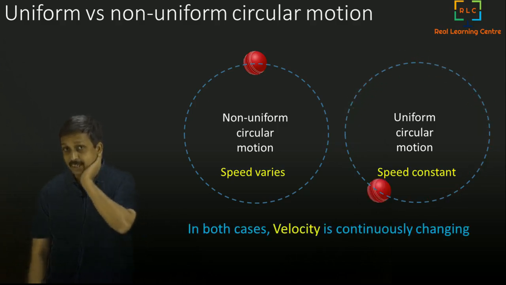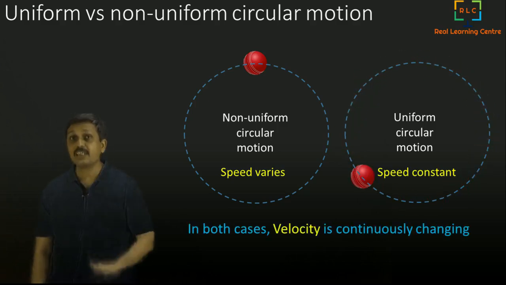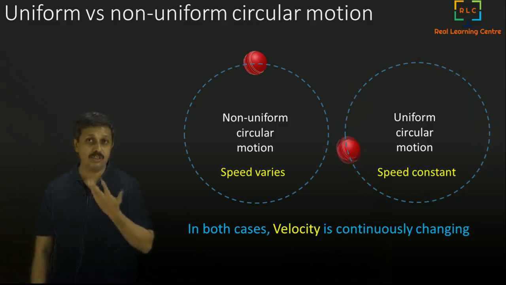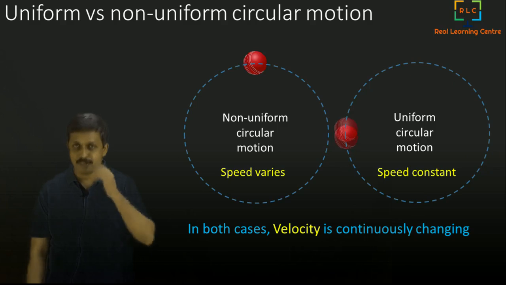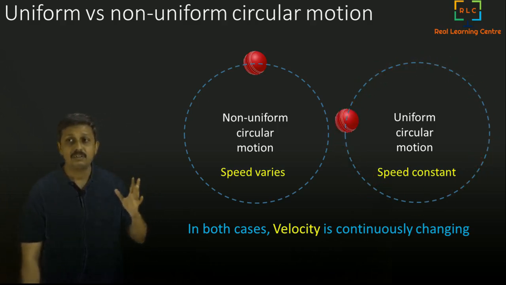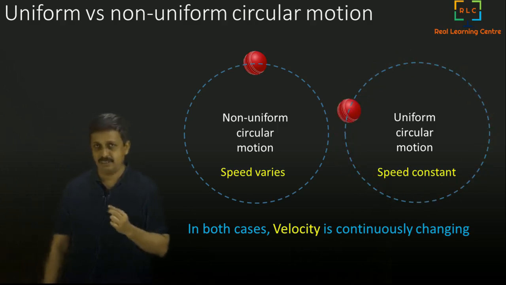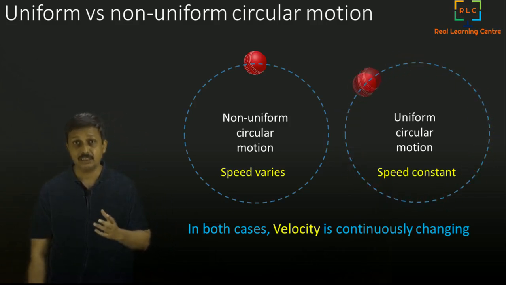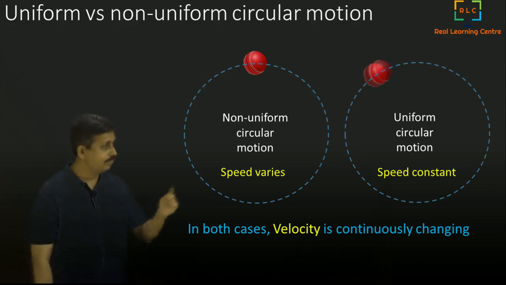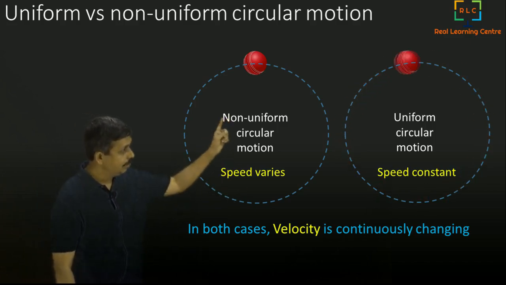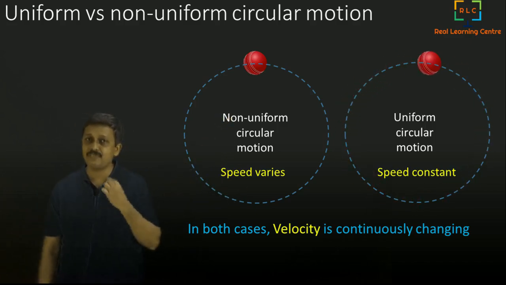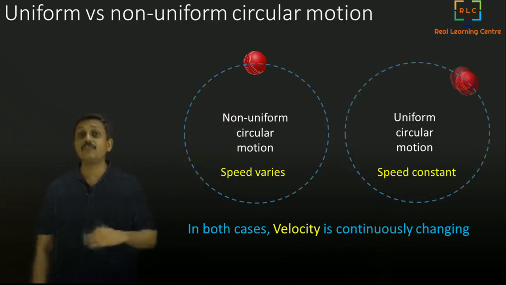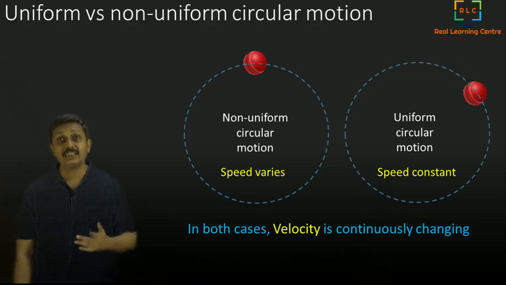However, think about it. In both cases, the velocity is continuously changing. What does it mean? In the case of speed, we only have the magnitude, how much it is moving in how much time, whereas in the case of velocity, we are talking about the direction. You can very clearly see that at every instant the ball is changing its direction, and that is why its velocity is changing.